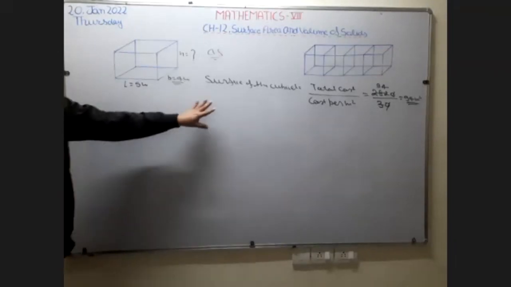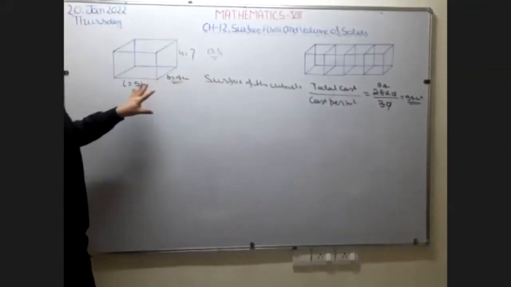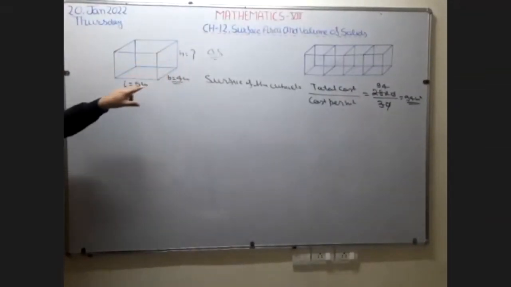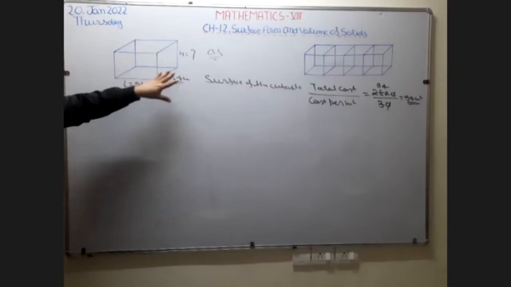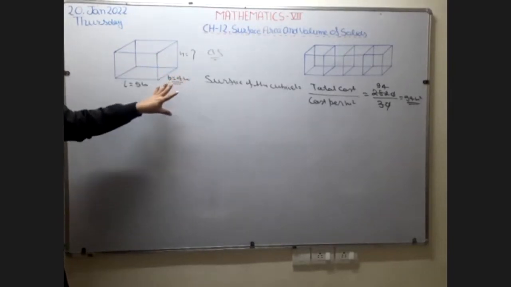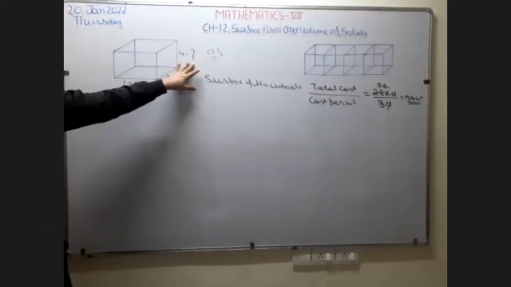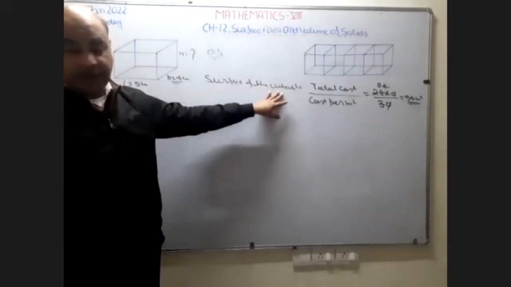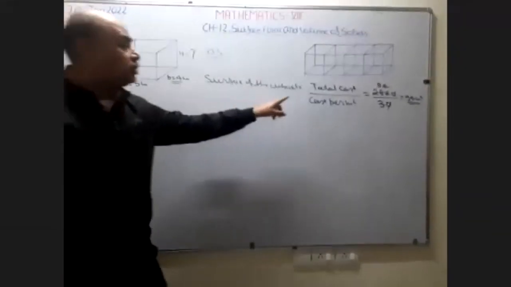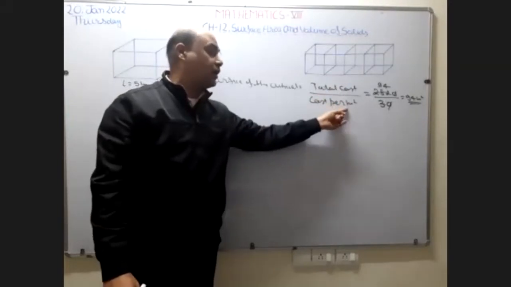Now I want to repeat again. In this question, we're going to find the height of the cuboid. Length and breadth of the box are given. Whenever we're going to find the height of a cuboid, surface area is required, beta. So to find the surface area, I use this formula: total cost upon cost per meter square.